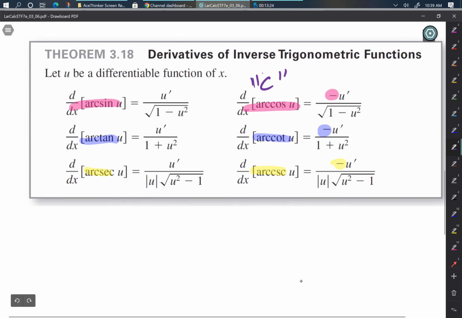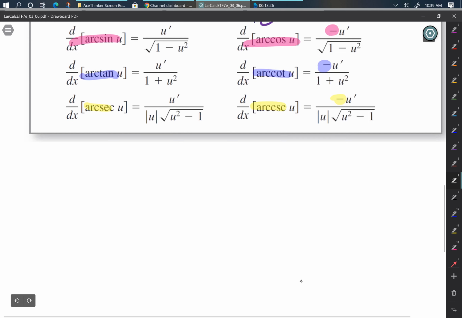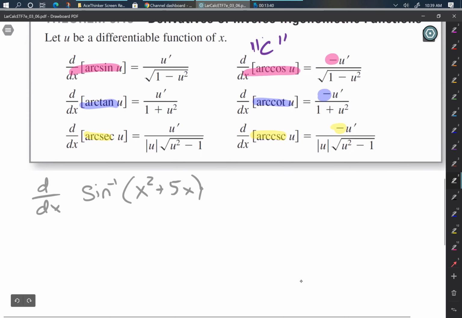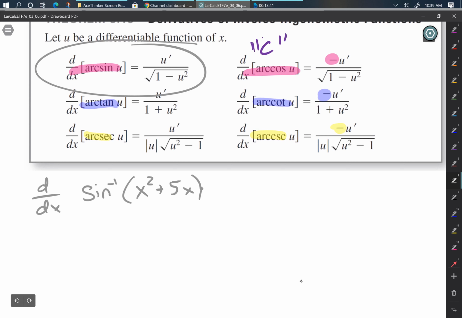Well, suppose that someone handed you this and said, what is the derivative with respect to x of the arcsine of x squared plus 5x? Right? Well, you would look at that and say, well, here's my formula. This whole mess right here is u.